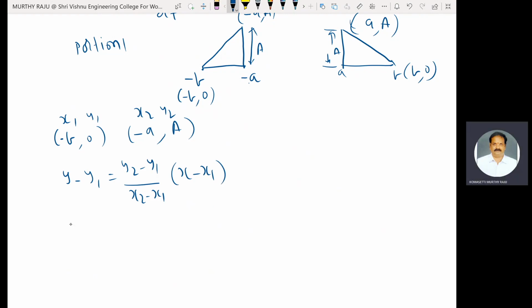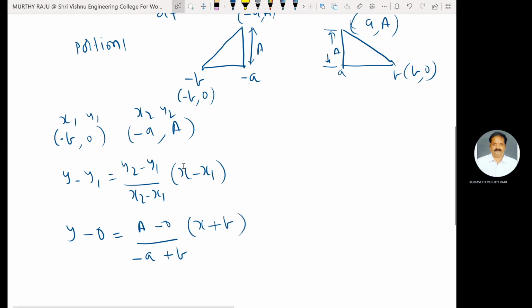Here y1 is 0, y2 is A, x2 is minus a, x1 is minus b, so x2 minus x1 is b minus a, and x minus x1 is t plus b.